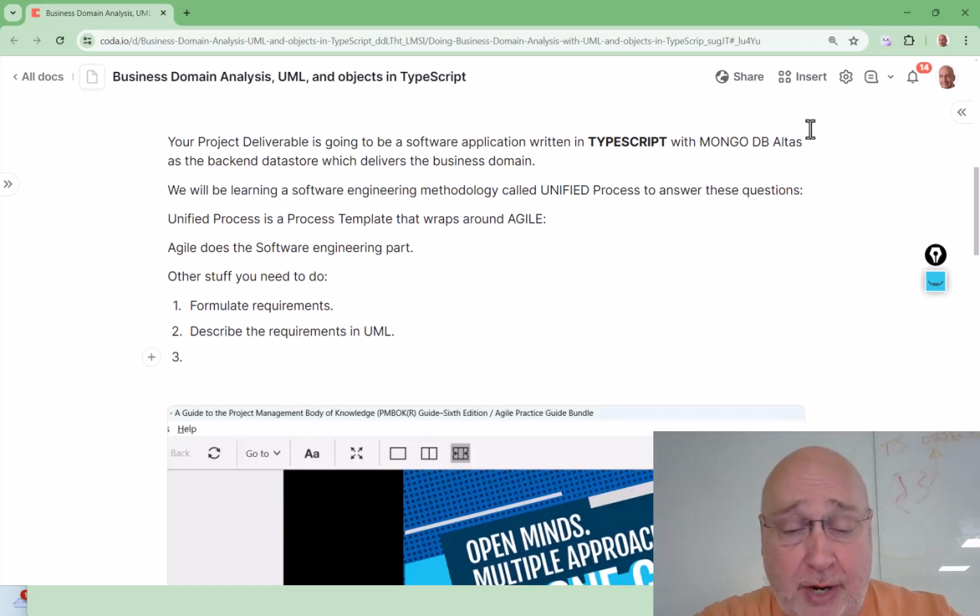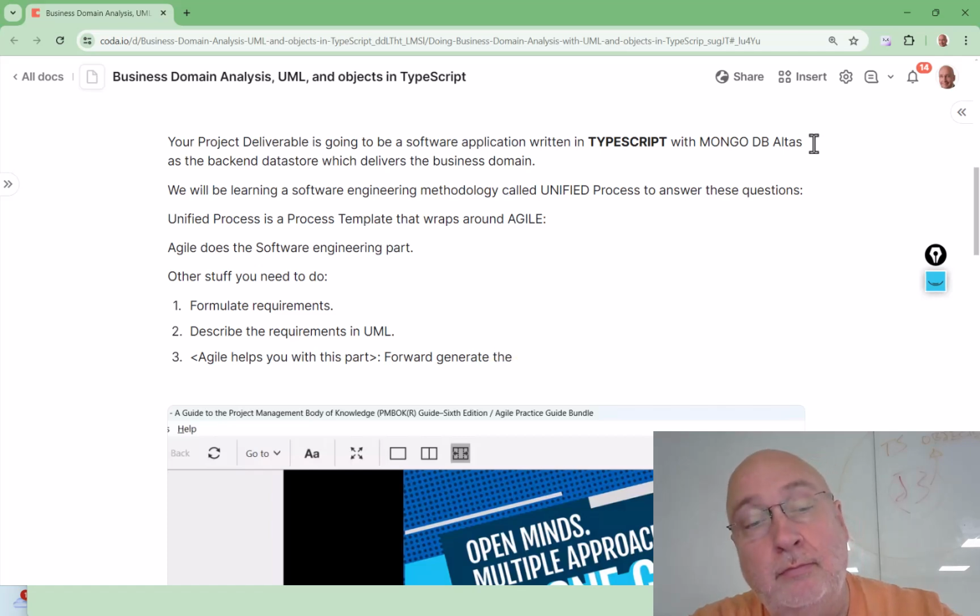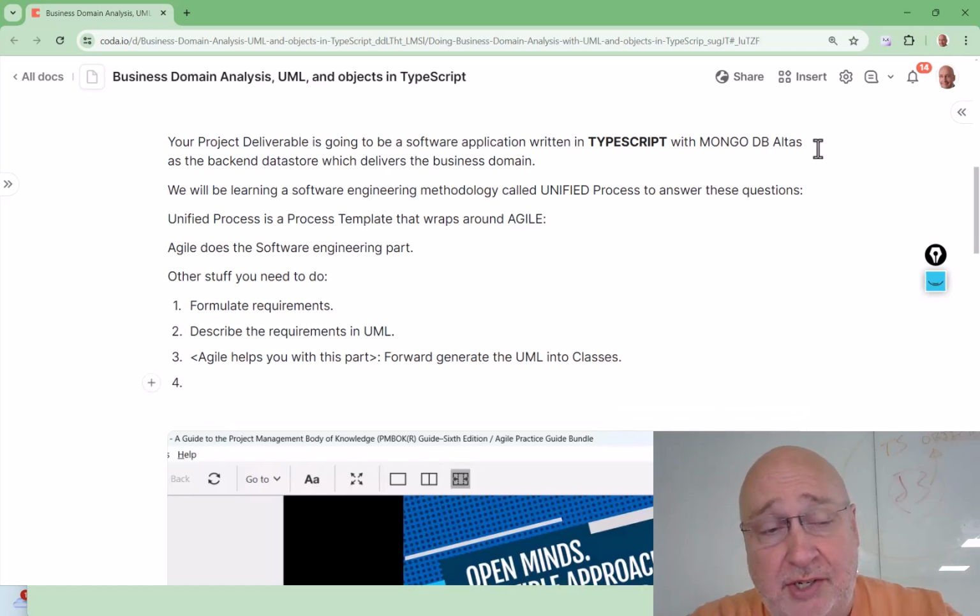So this is the part Agile helps you with. And then finally, the last step you need is something called a traceability matrix we'll talk about later.